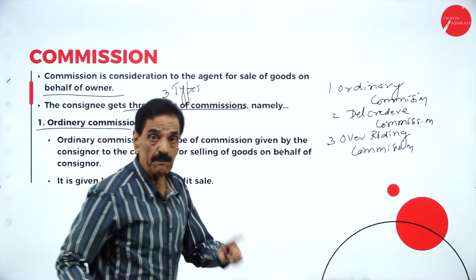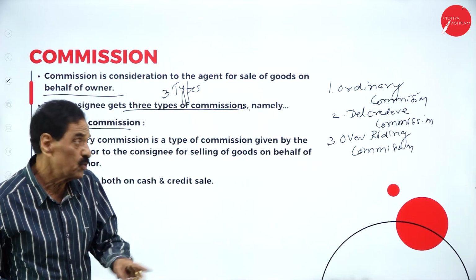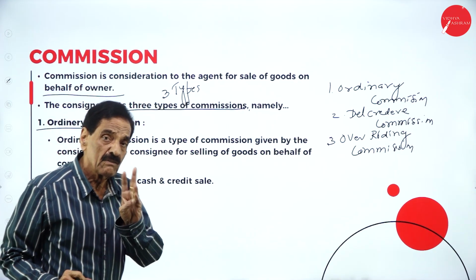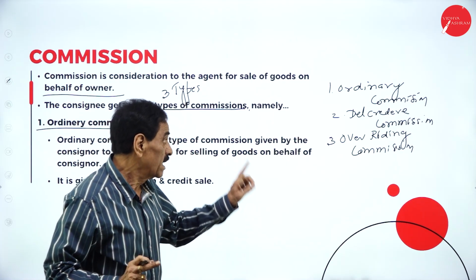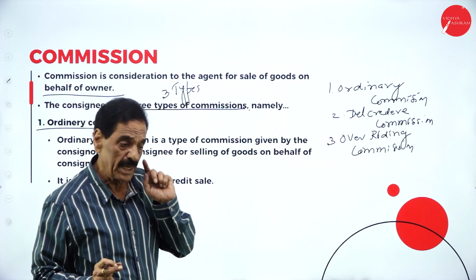So there are three types of commission. One is called ordinary commission. Number two, bill credit commission. Number three, overriding commission.